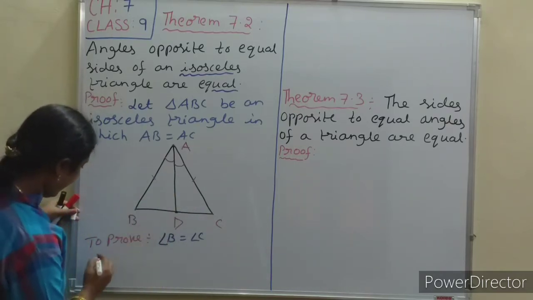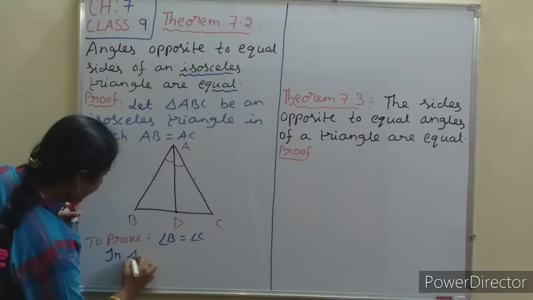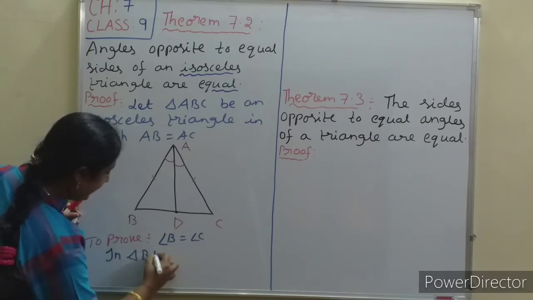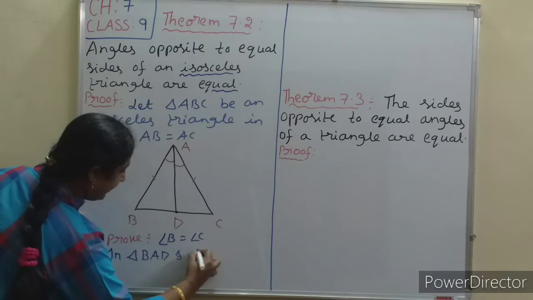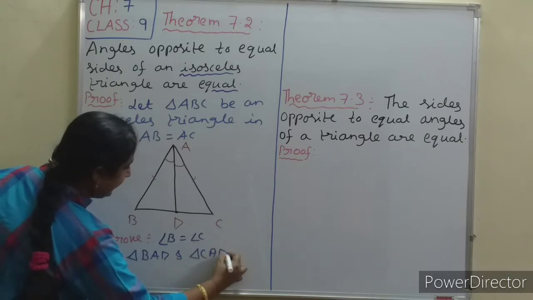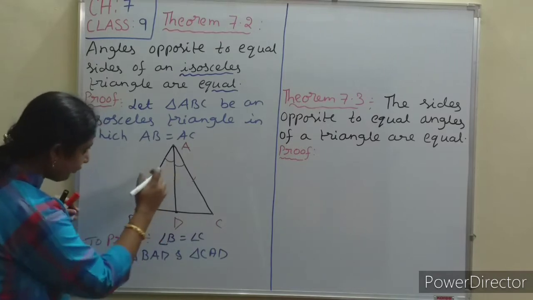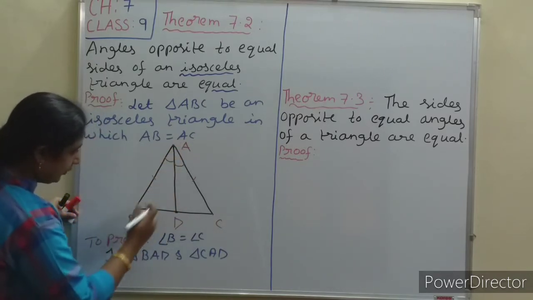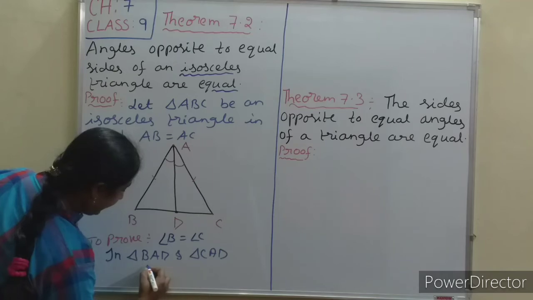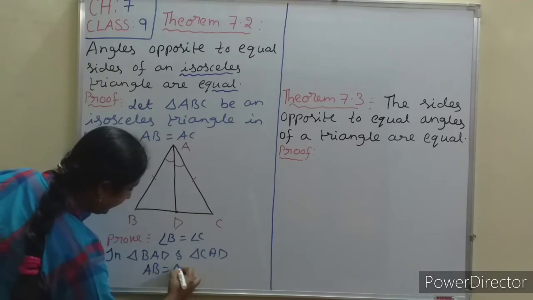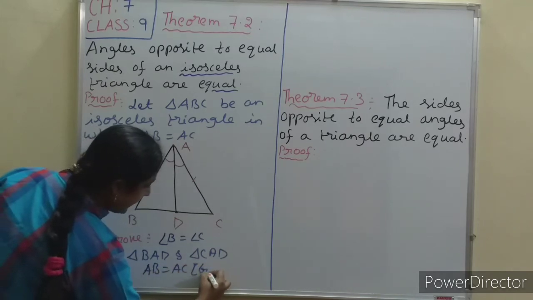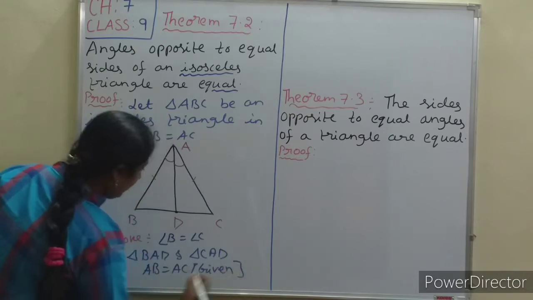That we are going to write in triangle. Once again you see children, triangle BAD and triangle CAD. This order is also very important. So here what are the given conditions? AB equals AC, it is already given, because this is the isosceles triangle, right?